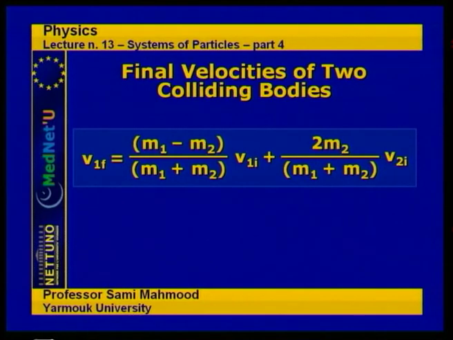If you make this substitution for V2 final and rearrange the terms, you will find that V1 final is equal to (M1 minus M2) divided by (M1 plus M2), all multiplied by V1 initial, plus 2M2 divided by (M1 plus M2), all multiplied by V2 initial.